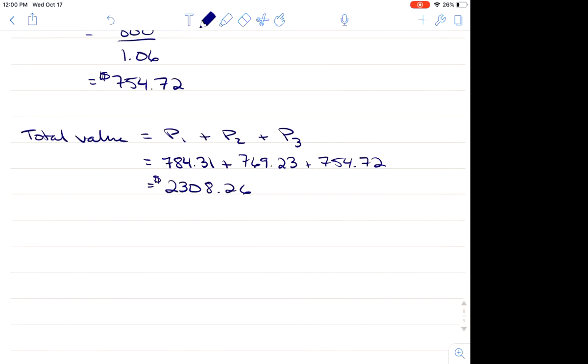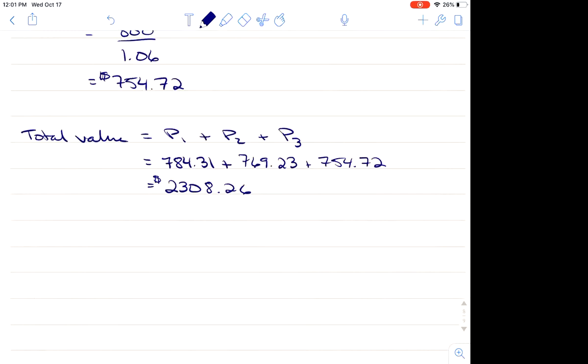$2,308.26. So if the bank said, hey, we'll give you this investment if you just give us $2,000, they're desperate. We'll give you $800 4 months from now, $800 8 months from now, $800, right? You're saying, oh, okay, sure, right?